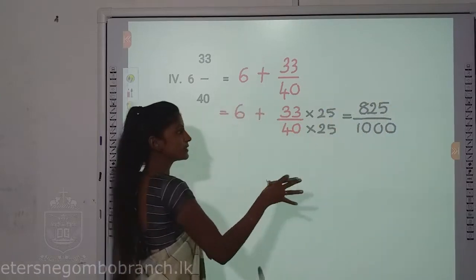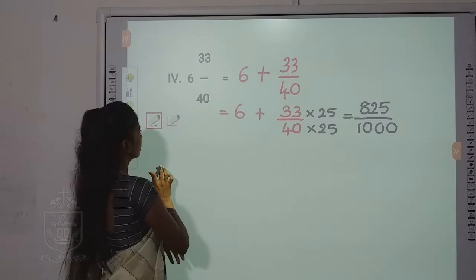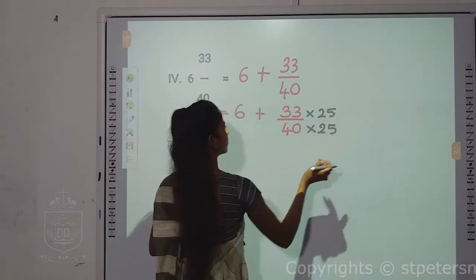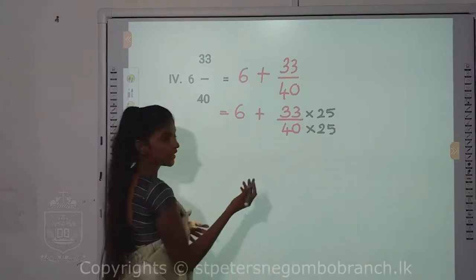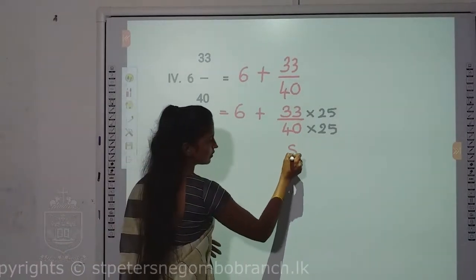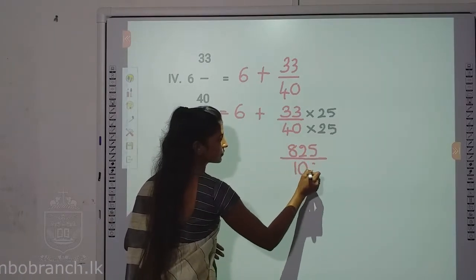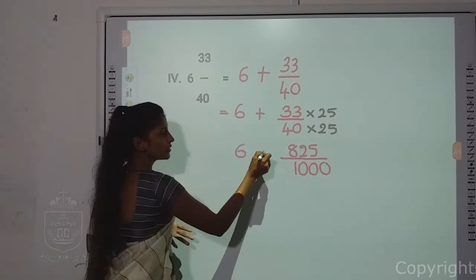Now it's easy for us to convert. This part is 825 and here you have 1000. We didn't change the whole number part, so the whole number part is there.